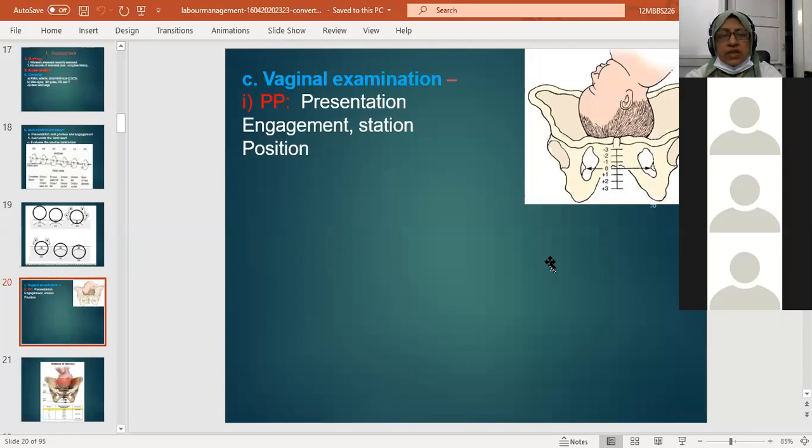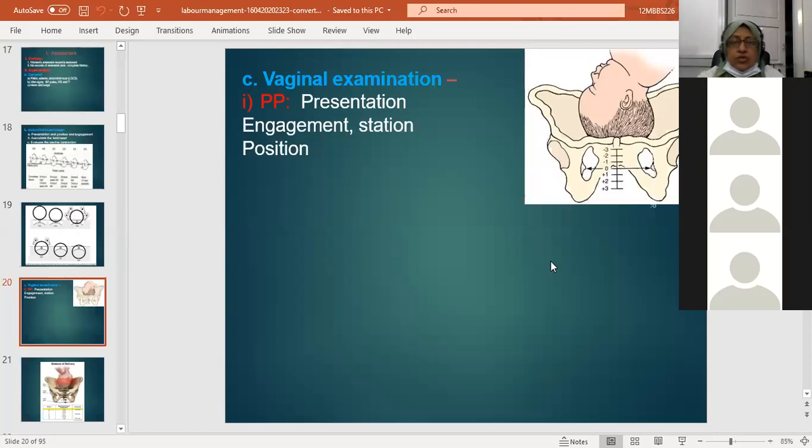So for the vaginal examination, along with the uterine contraction, we confirm what the changes in the cervix are, whether the patient is in true labor or false labor. By vaginal examination, we assess the presenting part, what the station is, and what the position of the presenting part is.